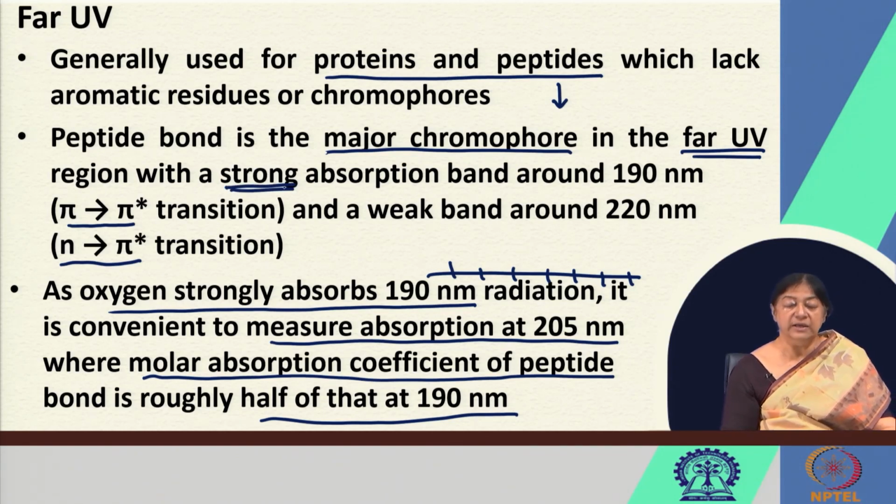So, ideally, when we are looking at a peptide that does not have an aromatic amino acid present, it is preferable to measure the absorbance at 205 nanometer rather than 190, despite the fact that the strong absorption band occurs at 190 nanometer. Why? Because oxygen also strongly absorbs at this point and it will interfere with our measurement.